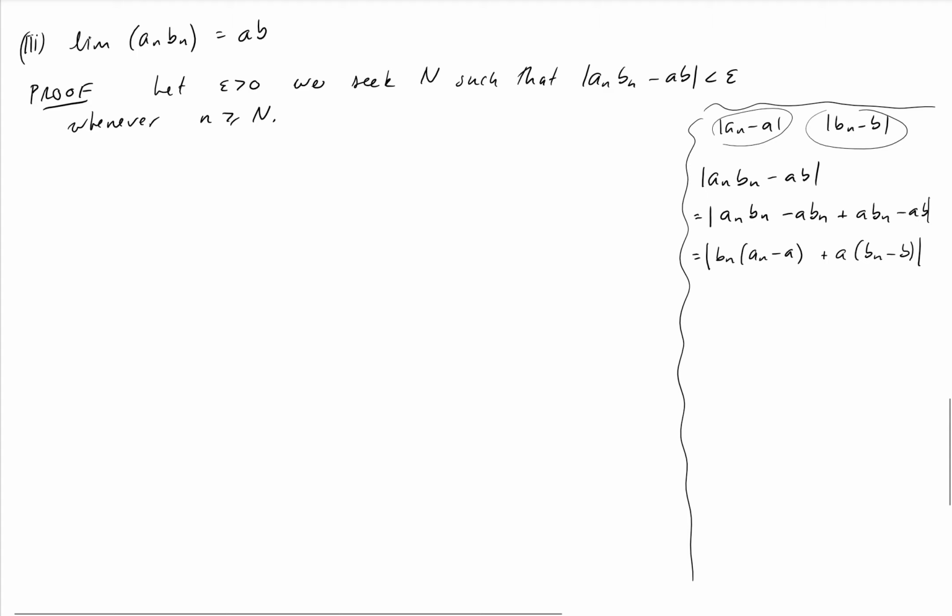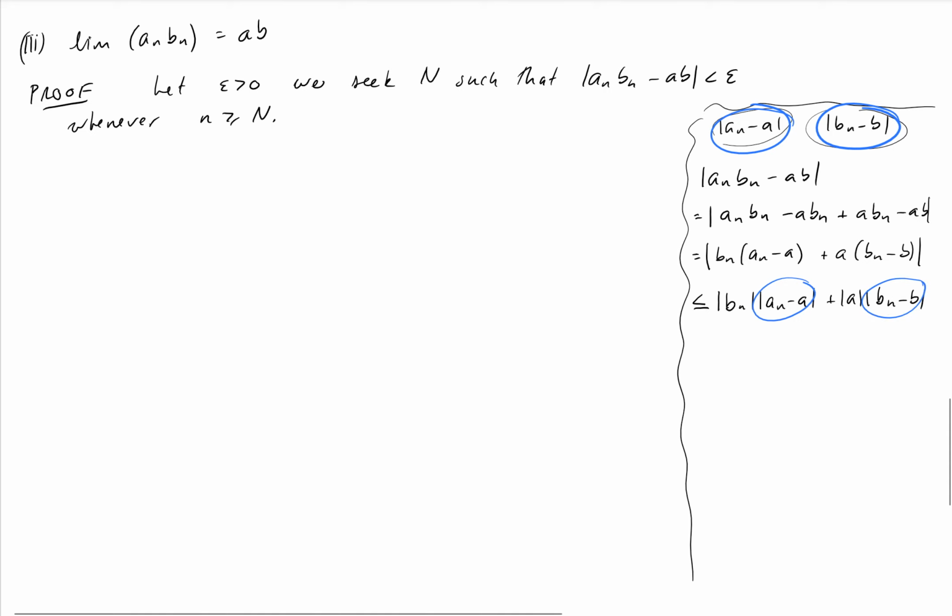We can make that less than or equal to the absolute value of bn times the absolute value of an minus a, plus the absolute value of a times the absolute value of bn minus b. Okay, triangle inequality applied. So we're making progress. We've got an minus a, bn minus b, they're both here. We can make them as small as we like.